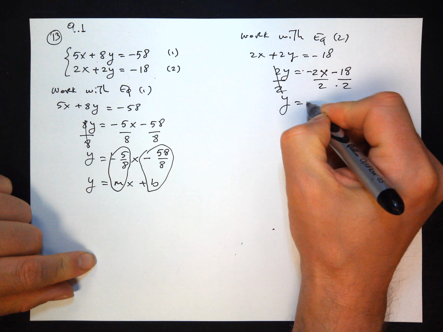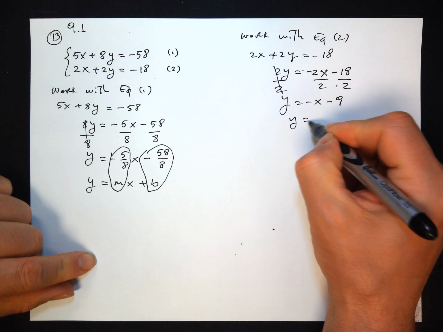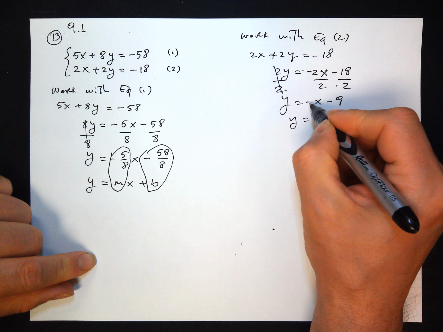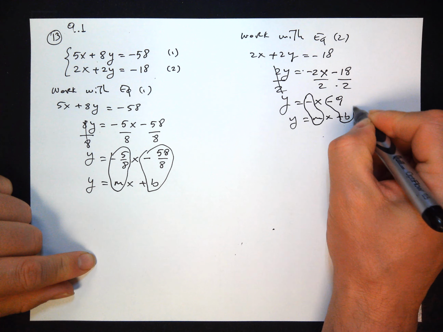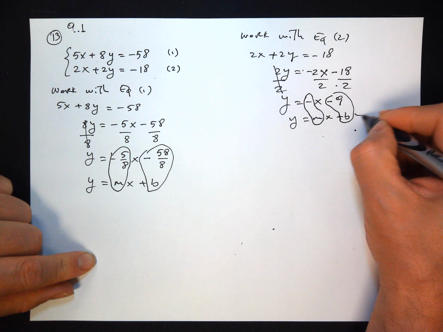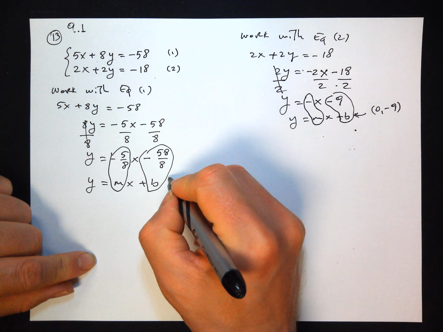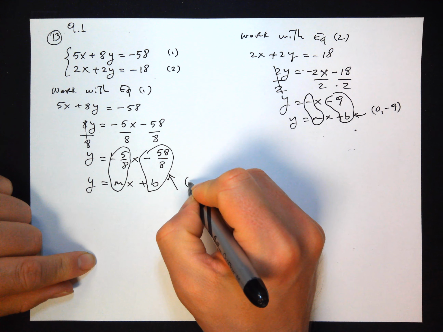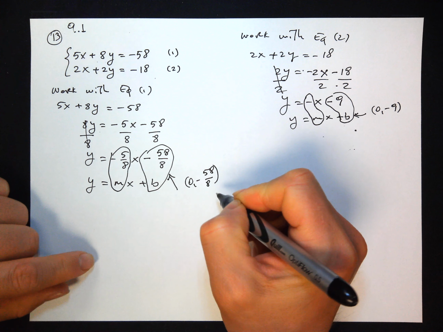So you get y equals negative x minus 9. Again, notice the mx plus b. So the slope is negative 1, and the y-intercept is 0, negative 9. For the first one, it is going to be 0, negative 58 over 8.